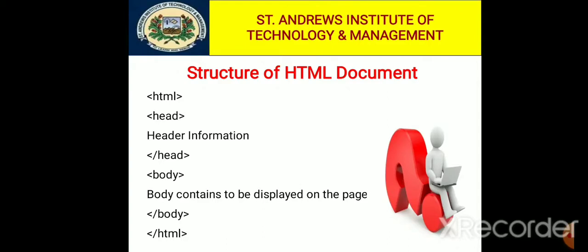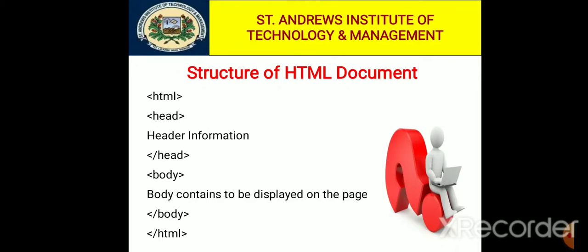So what is the header section? The header section contains information related to the header of the document. What type of information? Basically, the header section includes information about the title of the document, the type of script used in the document, and the definition of the styles for the document. The next section is the body section.